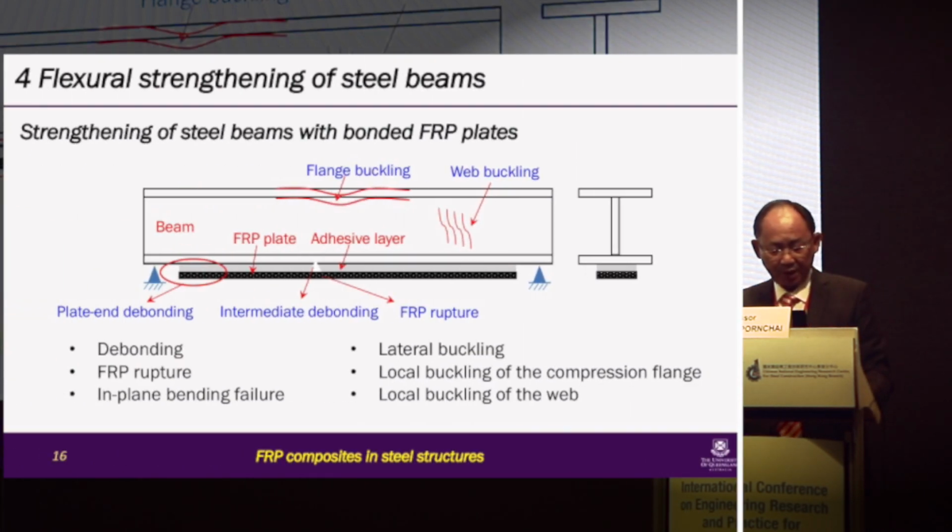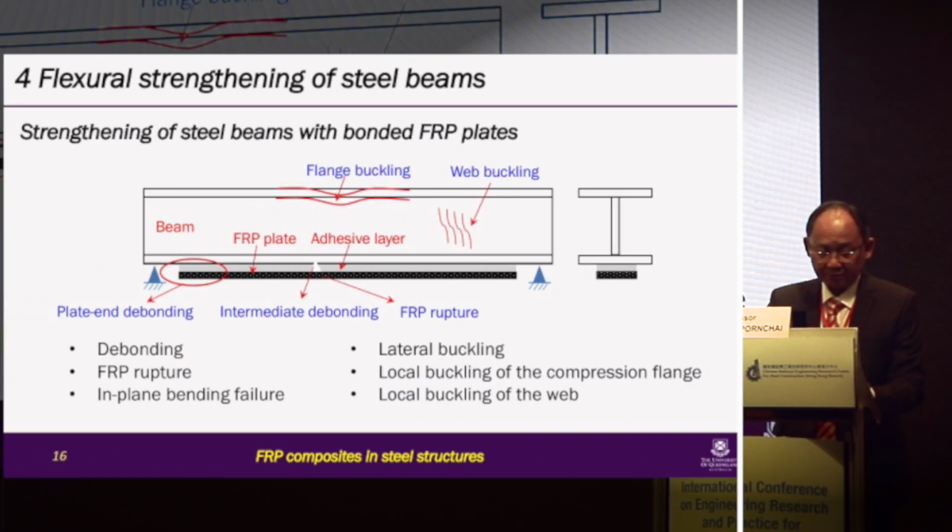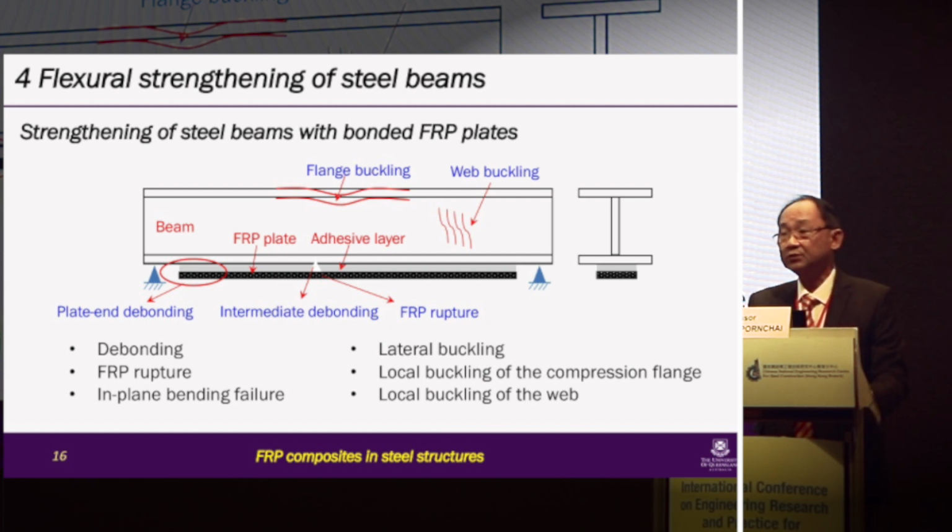Now let us look at the behavior of strengthening steel beams. When we strengthen the steel beam, even for class 1 compact section, there are many possible failure modes when you put FRP plates. It could be failure due to debonding, which can be plate end debonding or intermediate debonding, or FRP rupture.